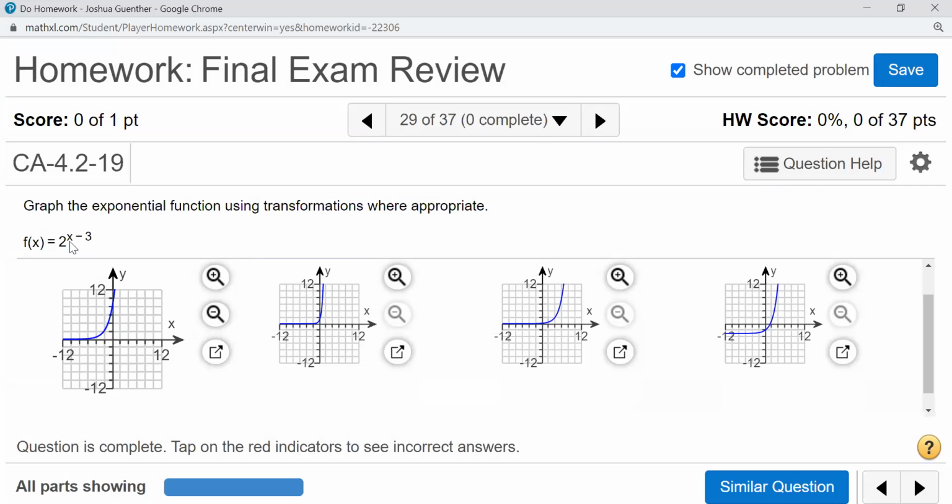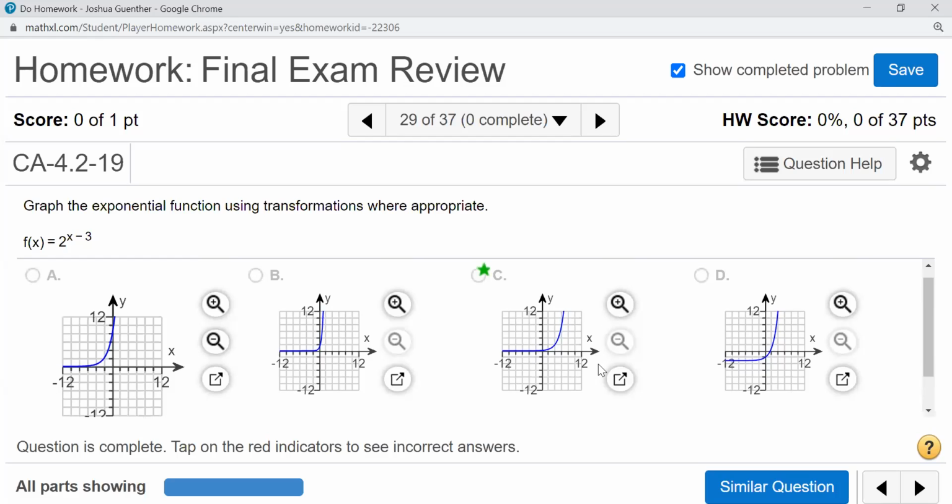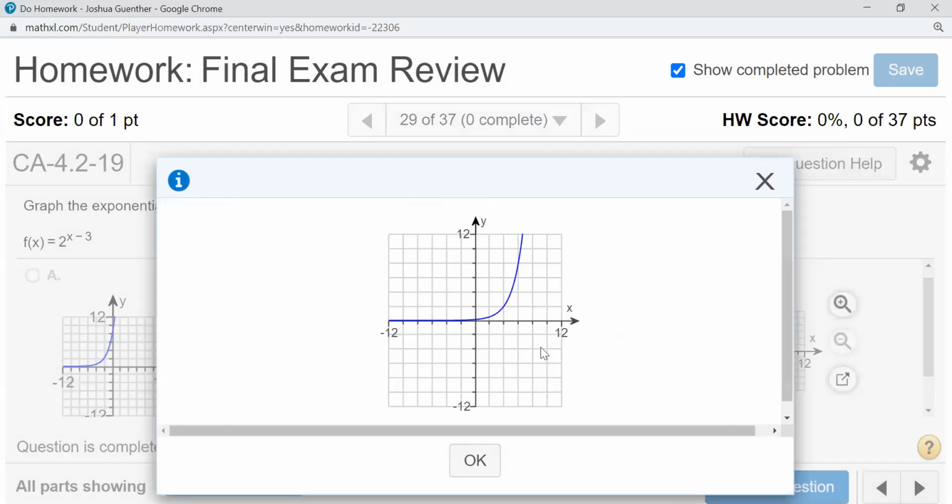Well, what we do is we take the base exponential, and because it's minus 3 to the x, what that's going to do is it's not going to shift it to the left 3 units. It's actually going to shift it to the right 3 units. And so it looks like this one's going to be the winner here. It's shifting everything to the right 3 units.